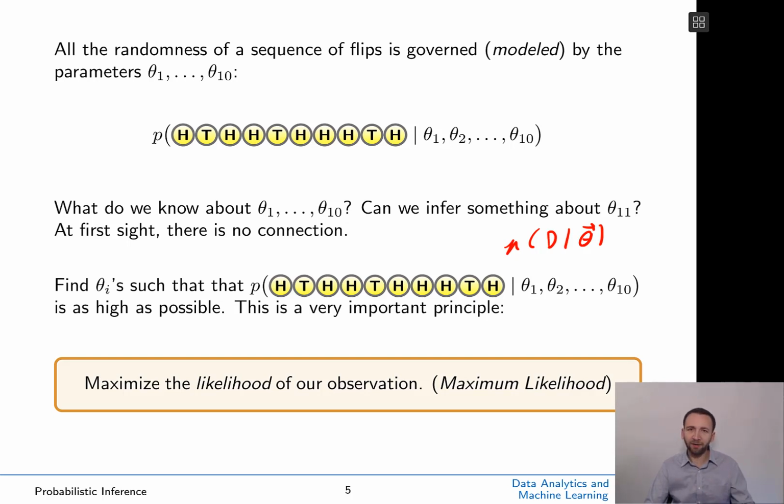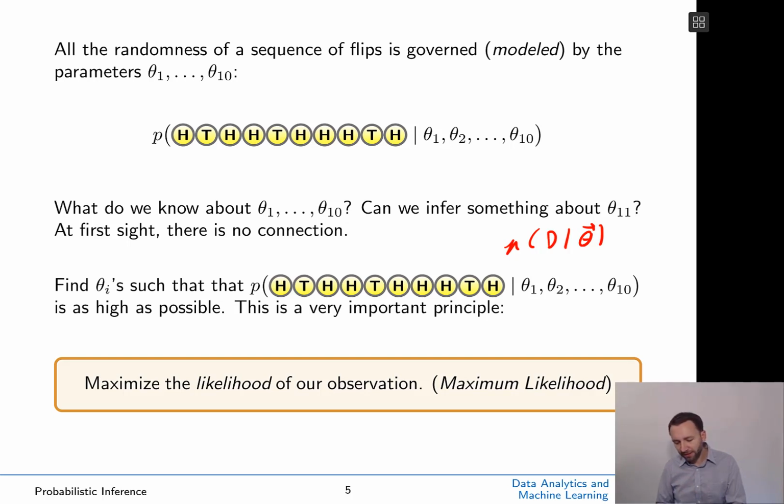The maximum likelihood estimate is the solution for these parameters which maximizes this function, the likelihood of seeing this data. Find the parameters which maximize the likelihood of seeing this data. Which parameters have most likely led to this data, so to say. Good, so this is the concept of maximum likelihood estimate.